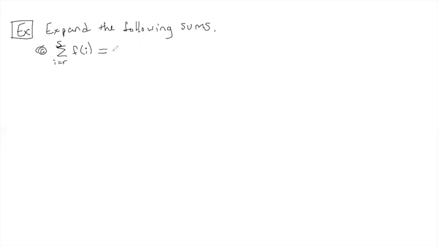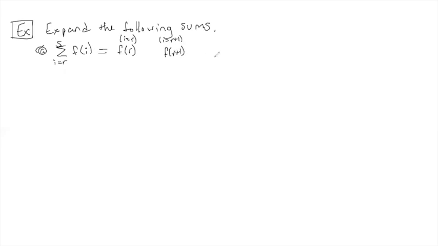So what do I do? I plug in i equals r first, right? I start at the bottom number. i equals r, plug it in, I have f of r. Now I plug in i equals r plus 1. All right, that's f of r plus 1, right?